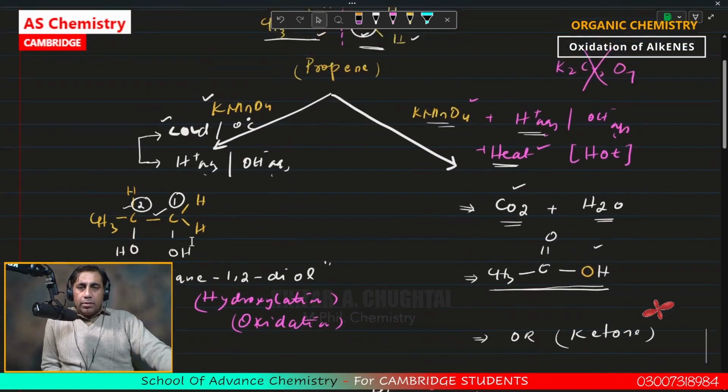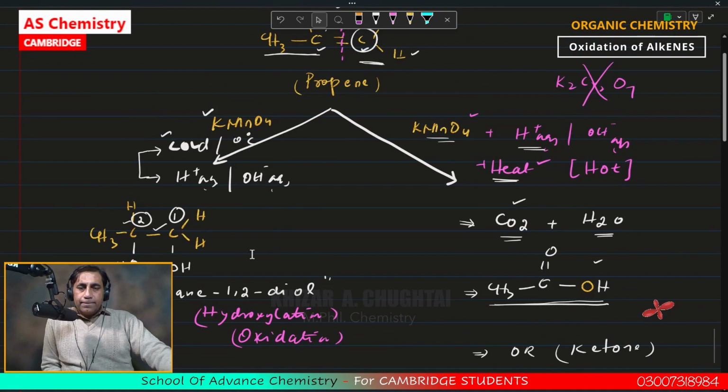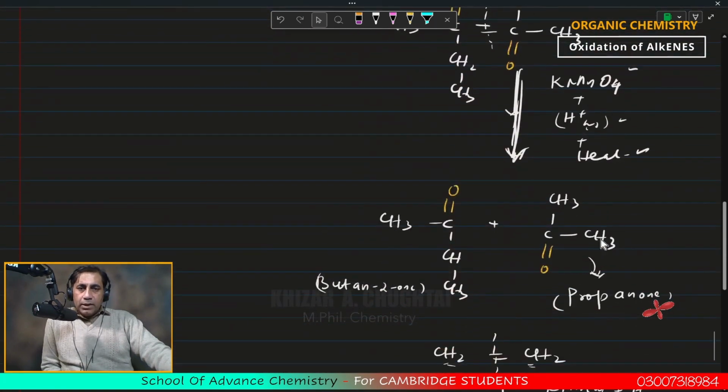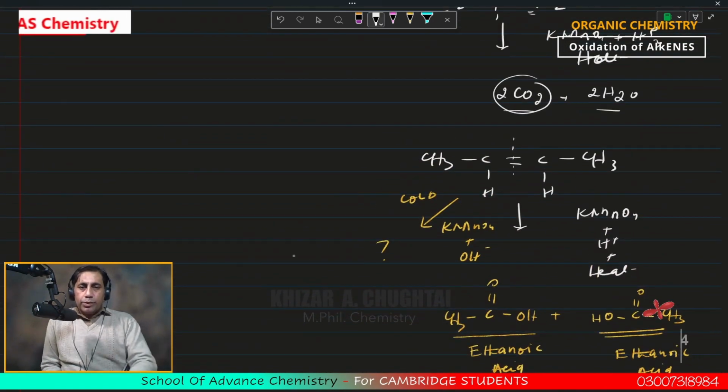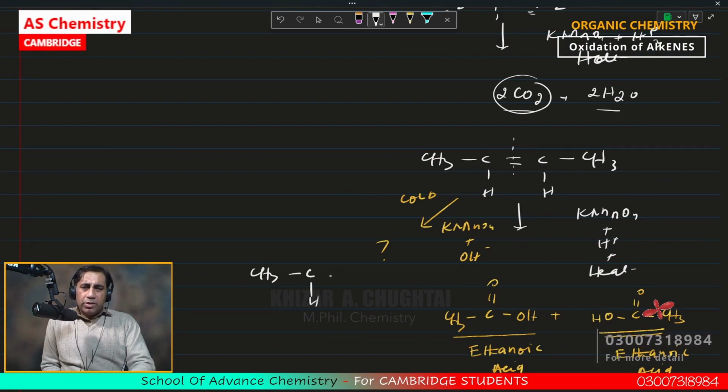Then the next step is basically we will add OH group. So I'm going to write it over here. CH3 CH. This time I'm writing a single bond rather than a double bond. H CH3.